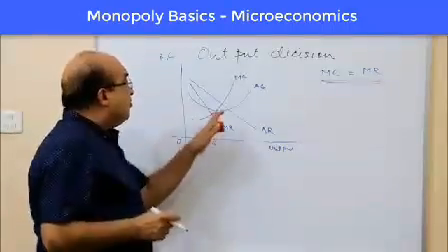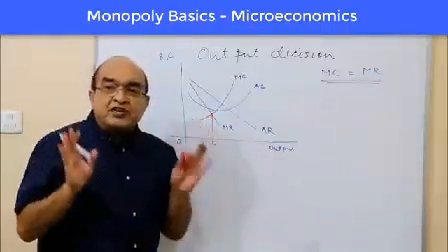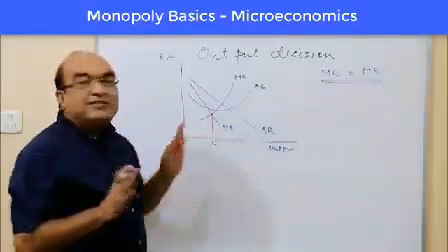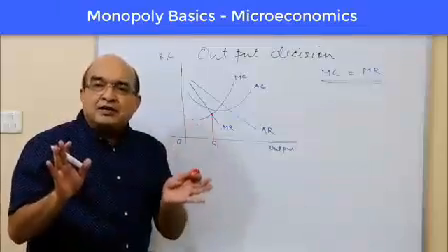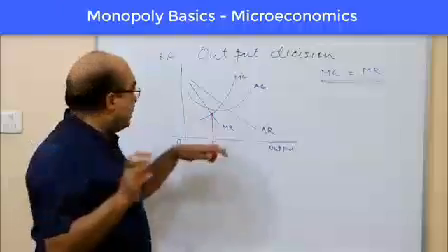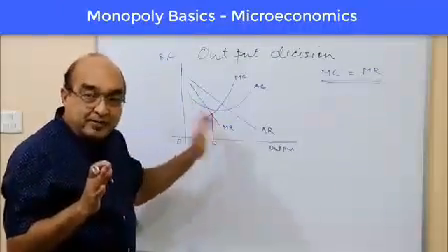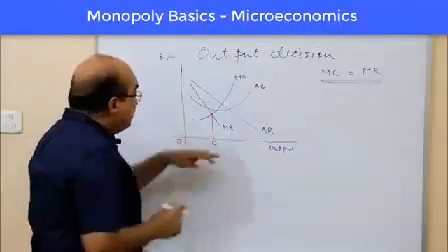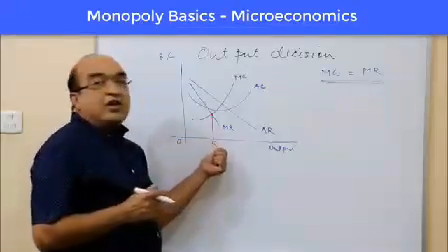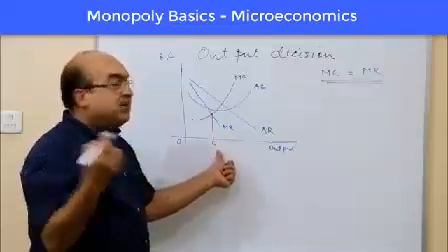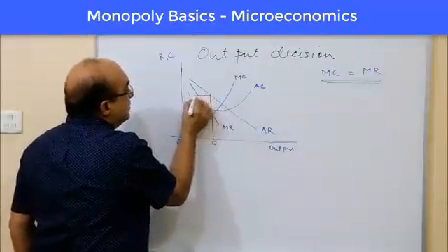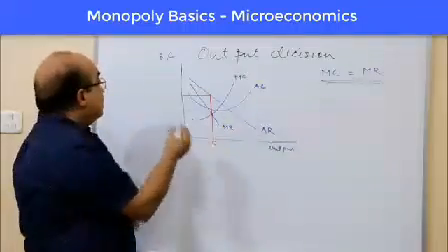Now once the equilibrium level of output has been determined, marginal cost and marginal revenue will not provide any more information. So just forget about these curves, but I will let them remain here. Now you will see that associated with this level of output, the price will be determined by the average revenue, because that is the demand curve for the market.